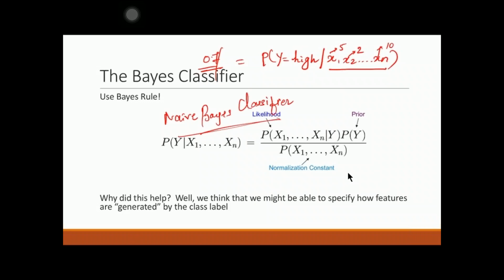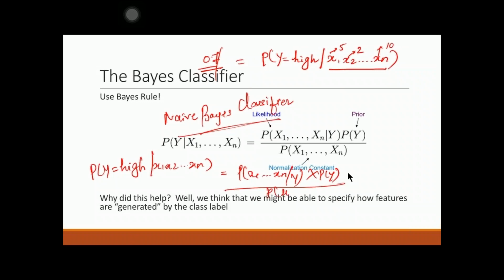Now let's see what is what here. Probability of y equal to high given x1 through xn is equal to probability of x1 through xn given y, times probability of y, divided by probability of x1 through xn.